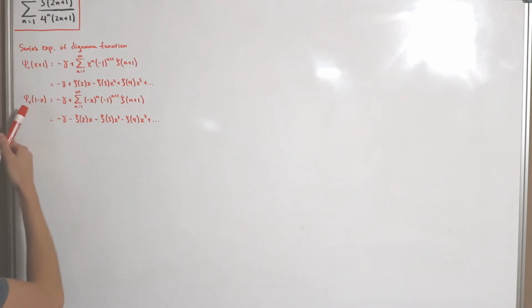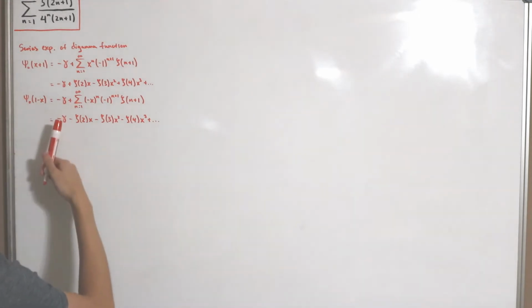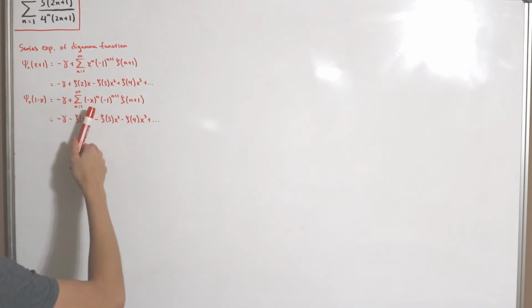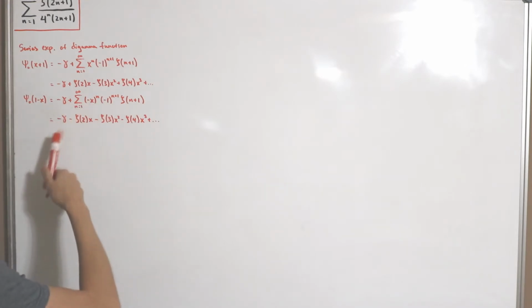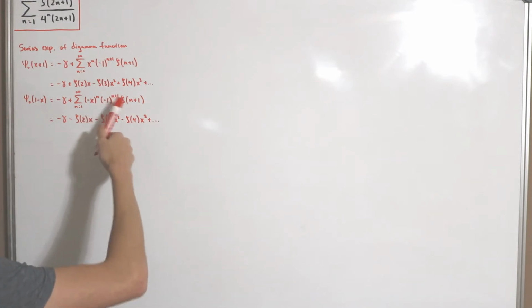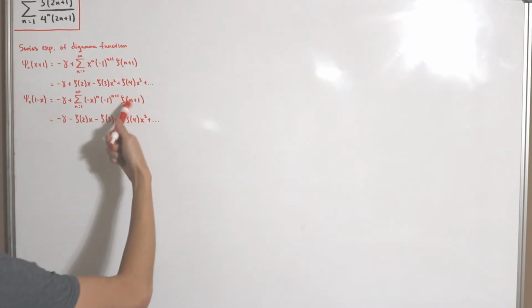Now the second digamma function, psi of 1 minus x, is equal to negative lowercase gamma plus the infinite series of, this time, negative x to the power n, multiplied by negative 1 to the power n plus 1, multiplied by the Riemann-Zeta of n plus 1.